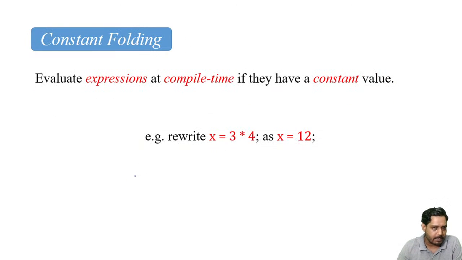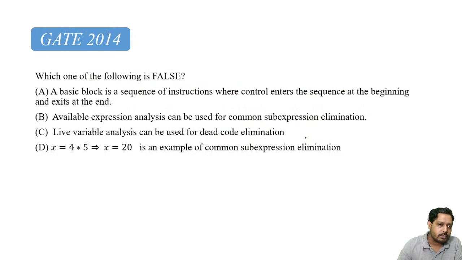Constant folding इसके पहले आ गया था, ठीक है. So evaluate the expression at compile time if they have a constant value. When we are compiling it, at that time only 3 multiplied by 4, we know that it's a constant, every time it will not be calculated and it will become x equal to 12. ठीक है, so that was the idea.